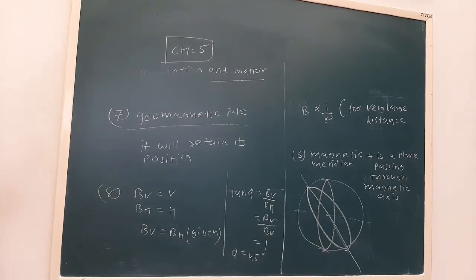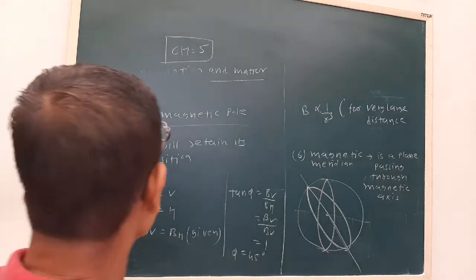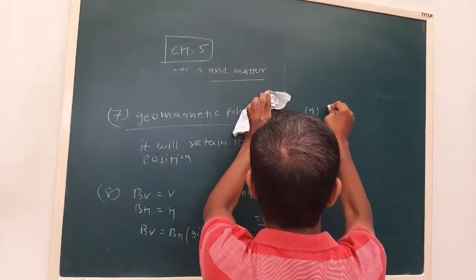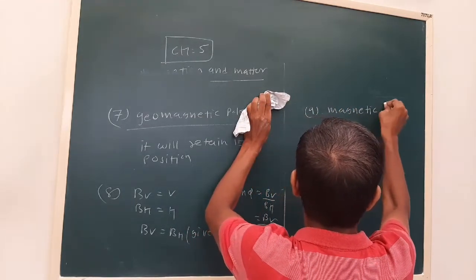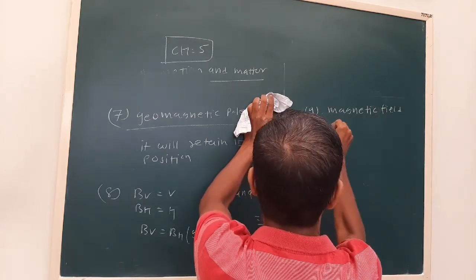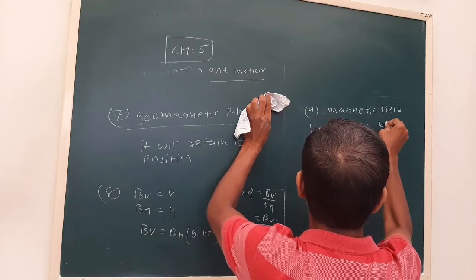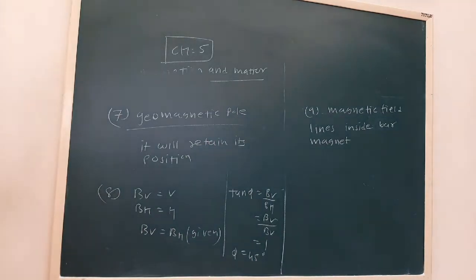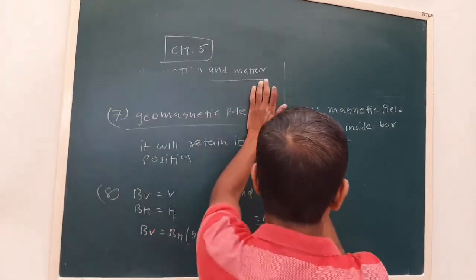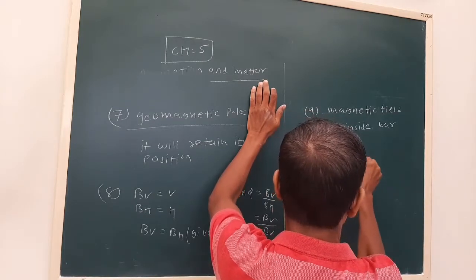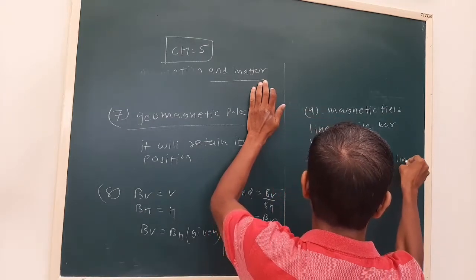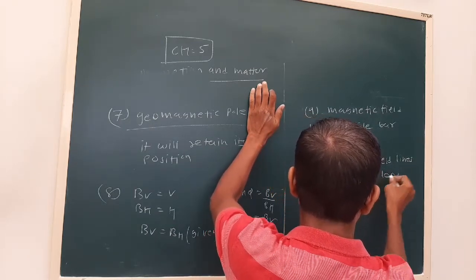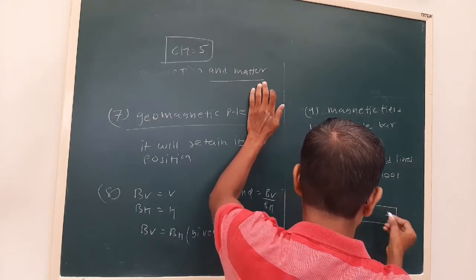Now see our next MCQ. See the direction of magnetic field lines inside a bar magnet. Now see, in the theory part we have discussed that magnetic field lines form closed loops.